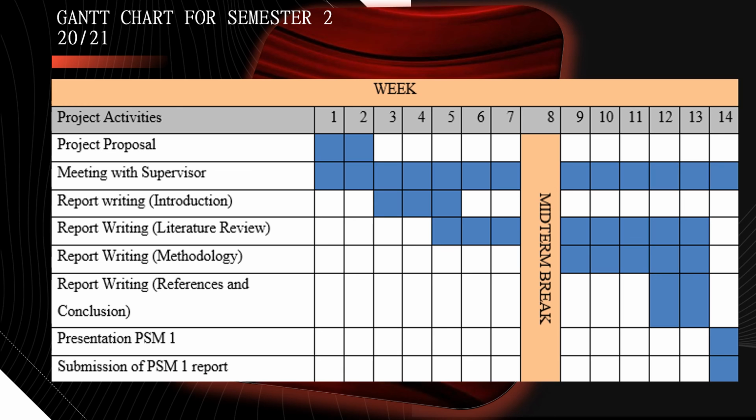Literature review is from week 5 to week 13, and writing the methodology report is from week 9 to week 13, and then references and conclusion in weeks 12 and 13. The PSM1 presentation preparation and the submission of the PSM1 report are in week 14.